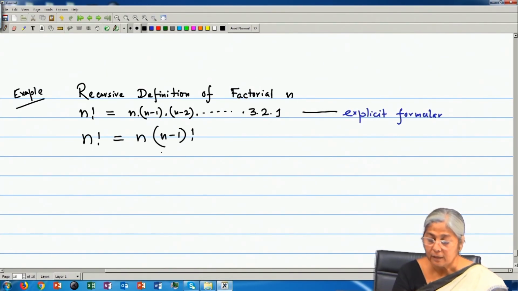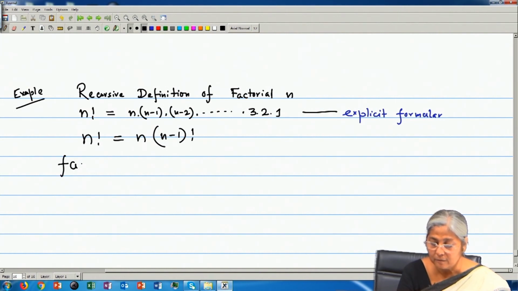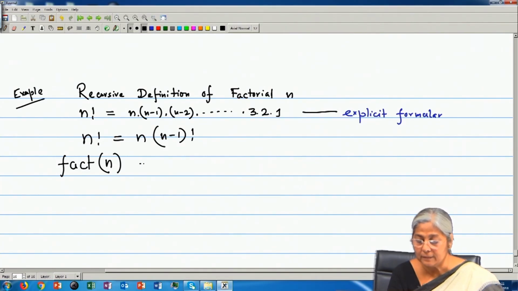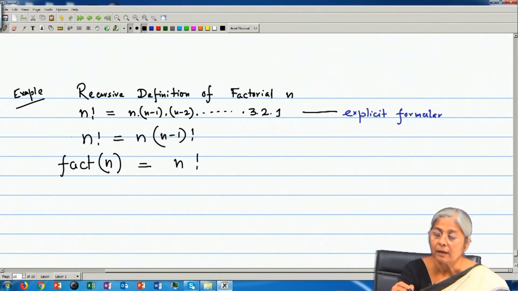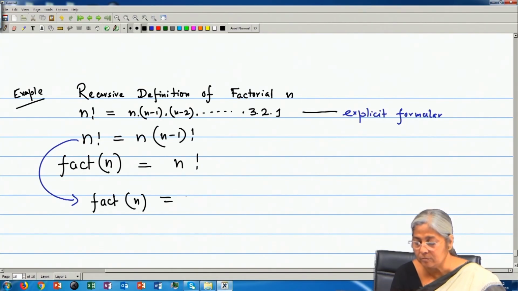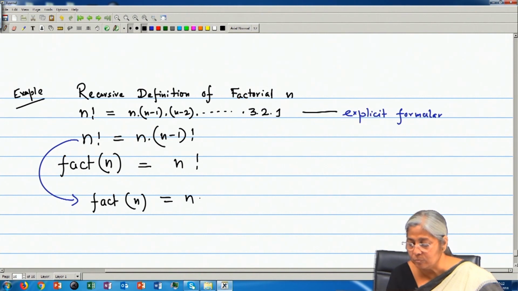So, now if I define a function called fact, where fact n is nothing but n factorial, I can write this as fact n equal to n into fact n minus 1.